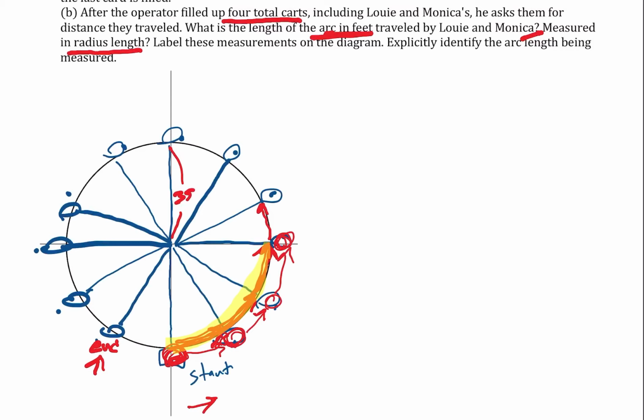Okay, let's see. We need to have an idea in our head of what radian measure this is, because we're measuring arc length. So this is pi over 2. So this arc length is pi over 2 in radius length.